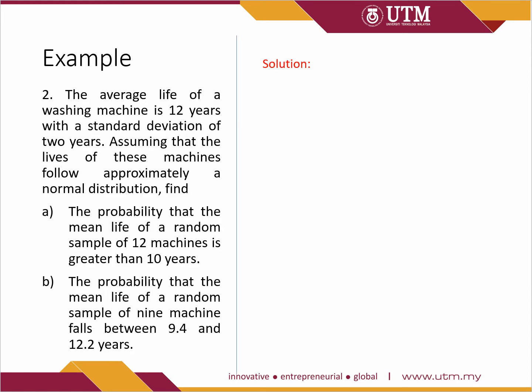So here we have the average life, 12 years. So given that this is the mean of the population, and the standard deviation of 2 years, sigma will be equal to 2, which follows approximately a normal distribution. So this random variable x follows normal, given that the mean is 12 and the variance is 2 squared.